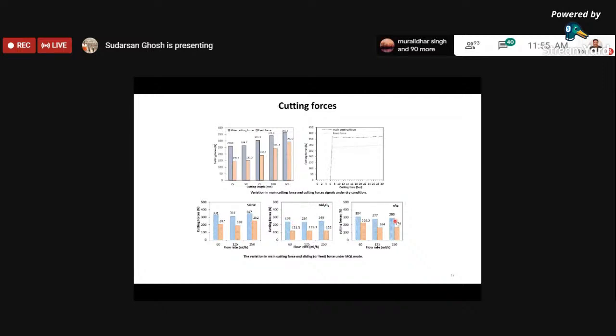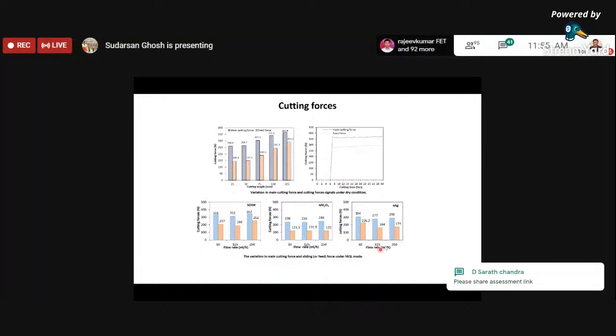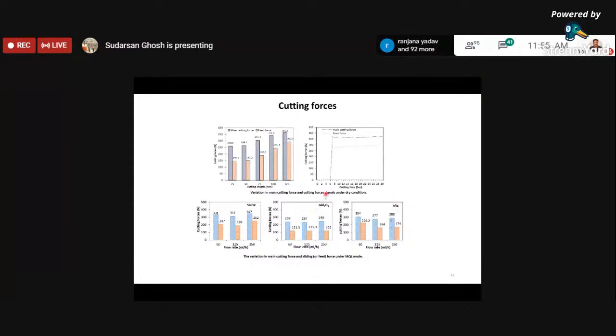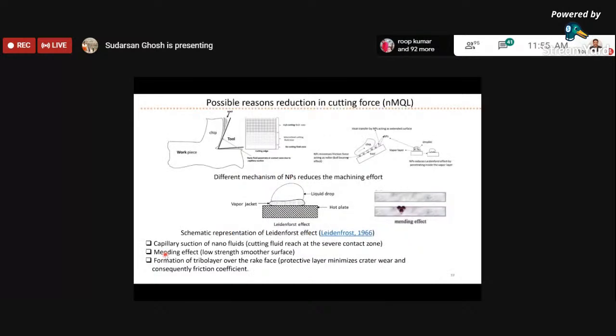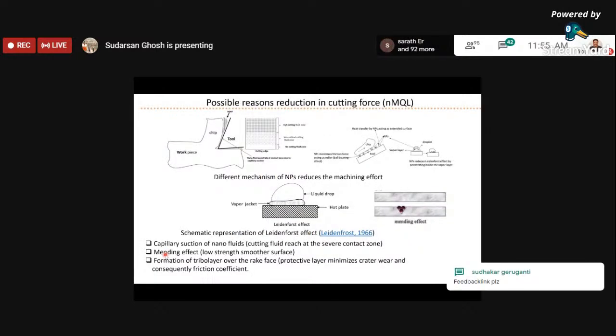In case of silver, depending upon the flow rate which we have used, we can get some benefits even by using the nano silver particles. But of course, using the nano alumina fluids, we are achieving a very good result in that the cutting forces are coming down. So let us understand the reason why this reduction in cutting forces is happening.